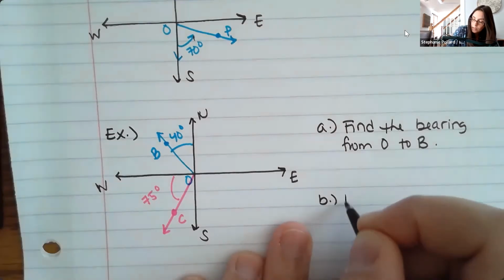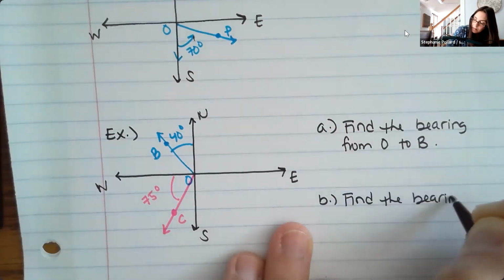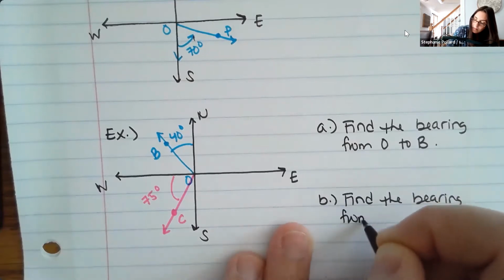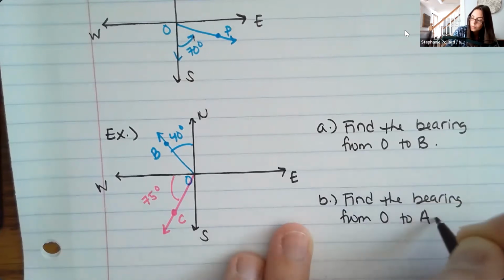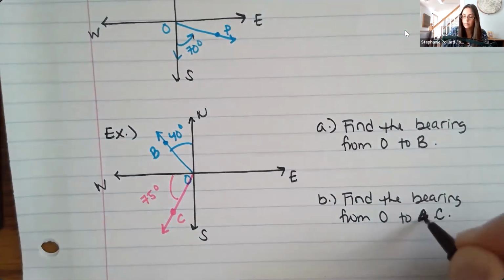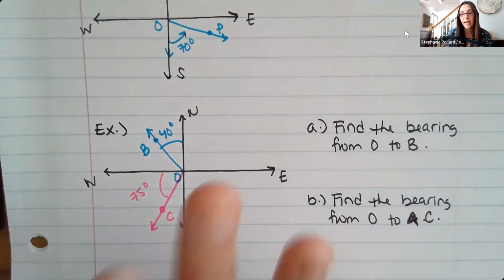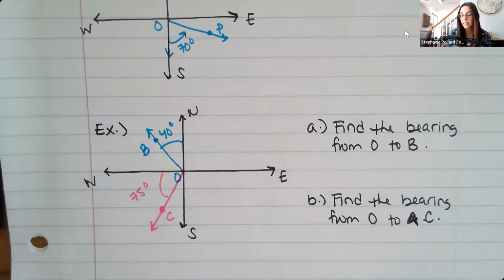Then we're also going to find the bearing from O to C. You have the angles set up for you, so you don't have to find them, but we do have to write the notation correctly.